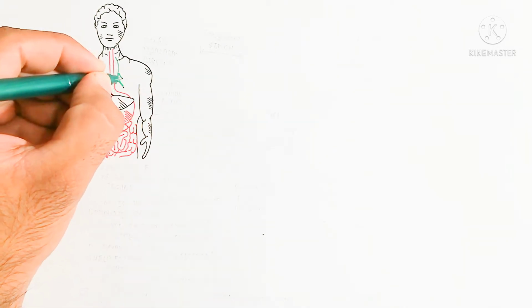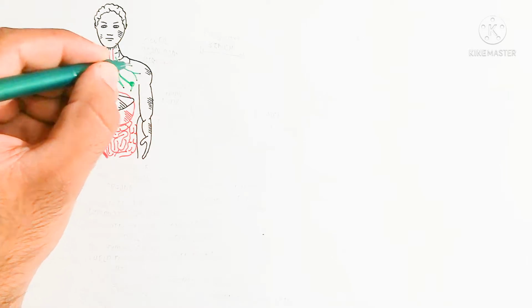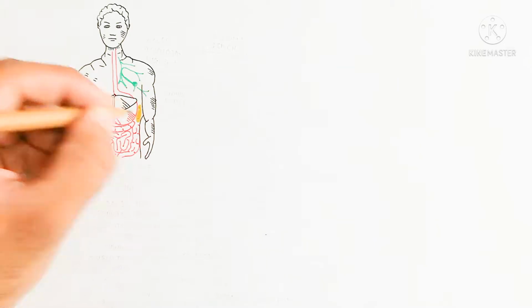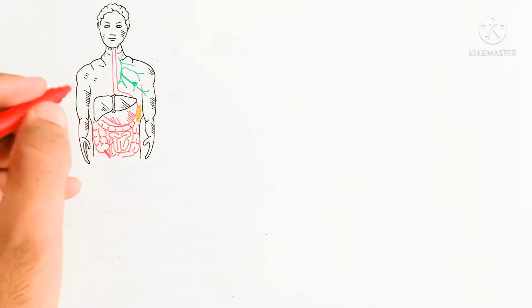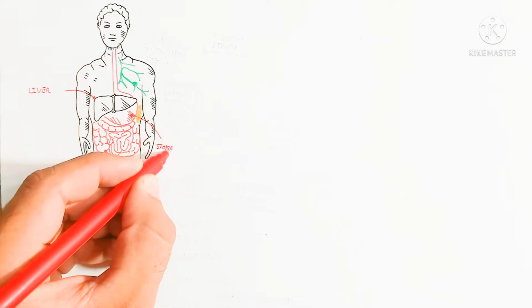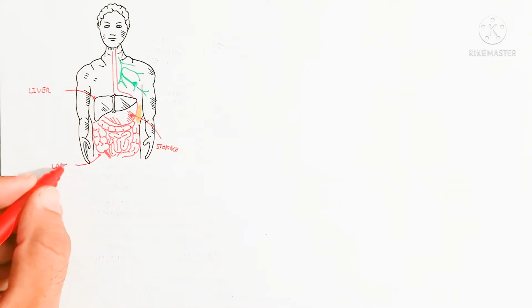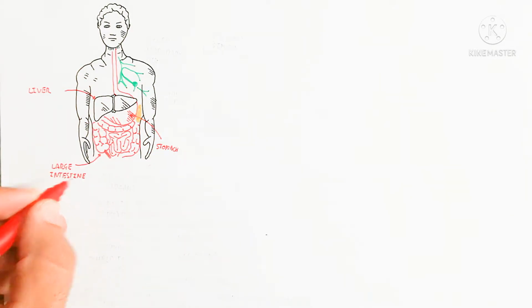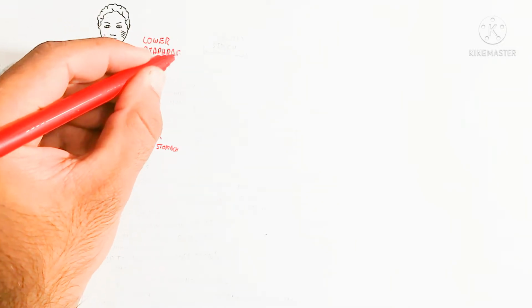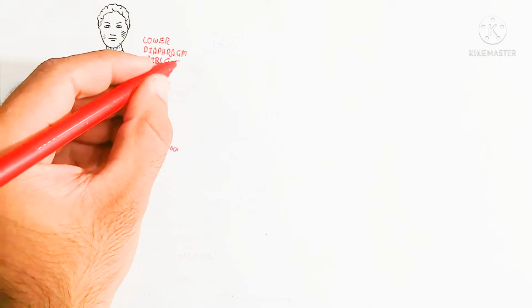So here is a person showing the digestive system and the fundus region of the stomach, beside which the spleen is present on the left side, looking like this. The green color shows the axillary lymph nodes and the lymph duct, and here is the liver and here is the large intestine, looking like this.